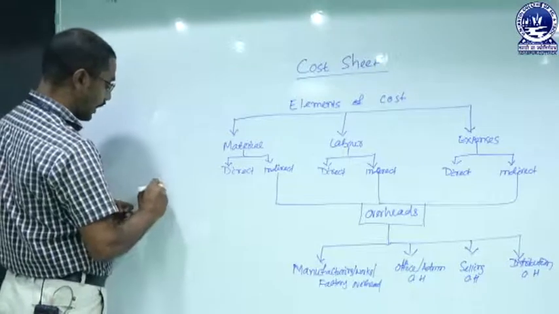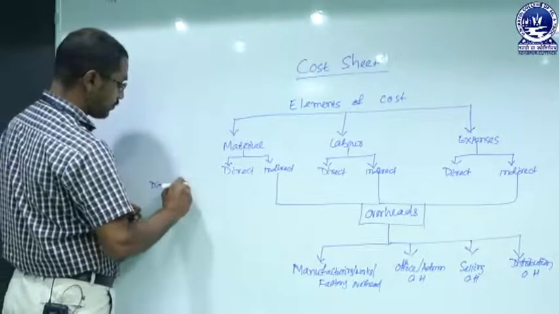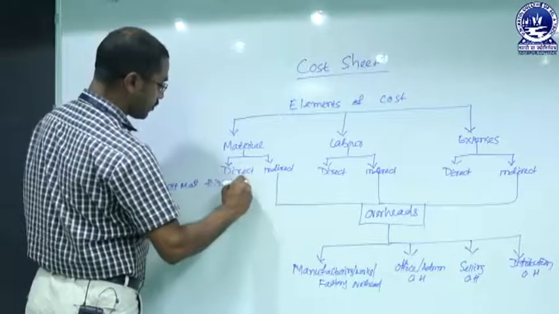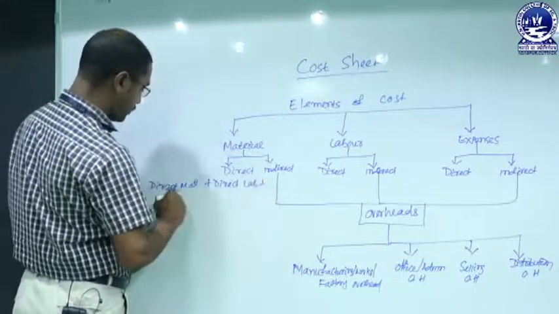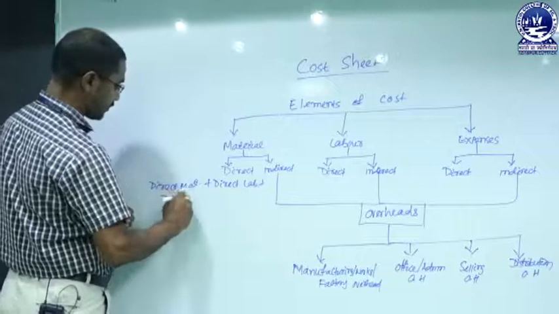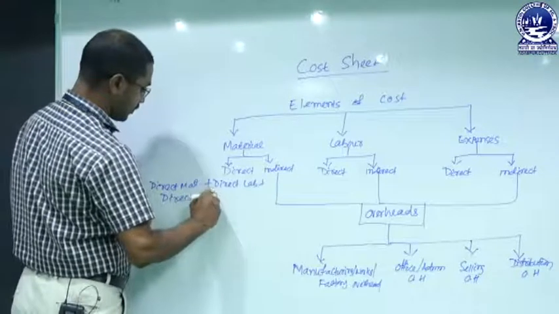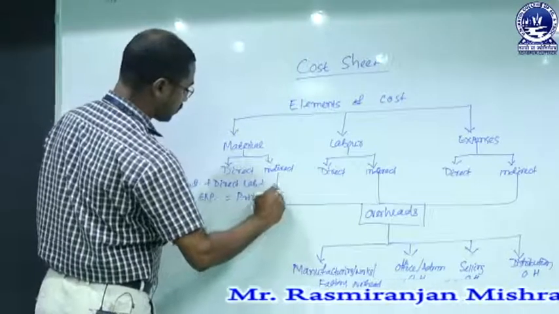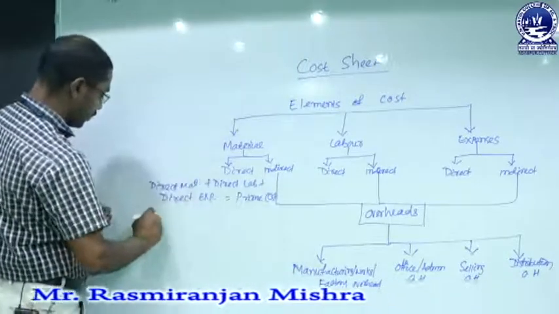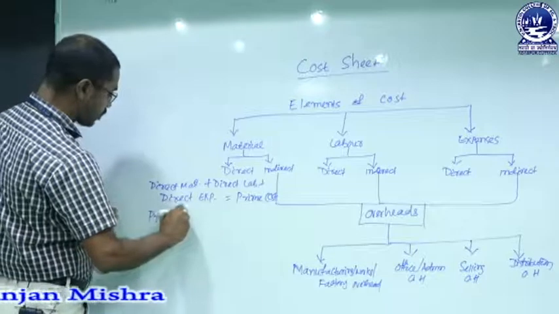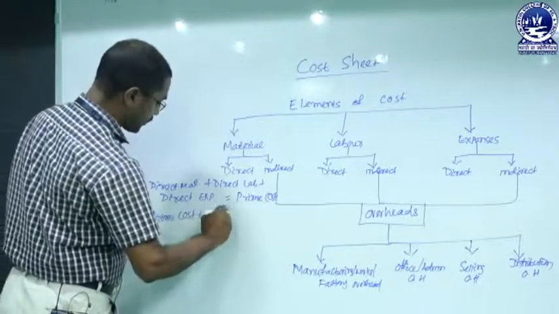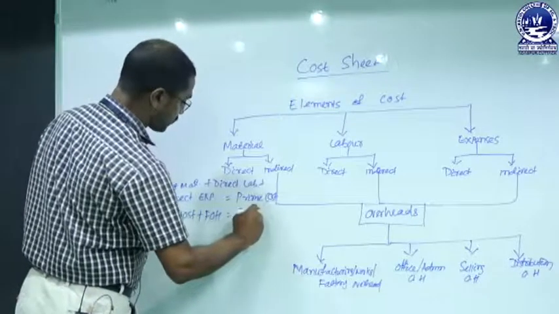First, direct material plus direct labor plus direct expenses gives prime cost. When we add prime cost with factory or works overhead, that is known as factory cost.